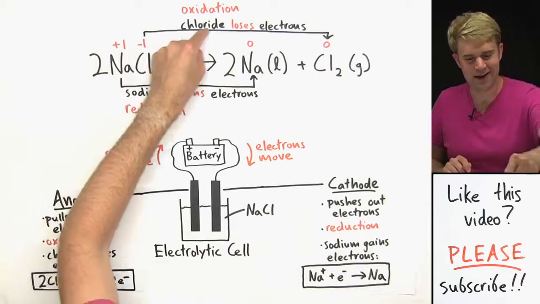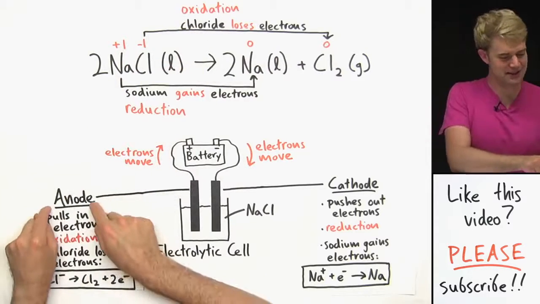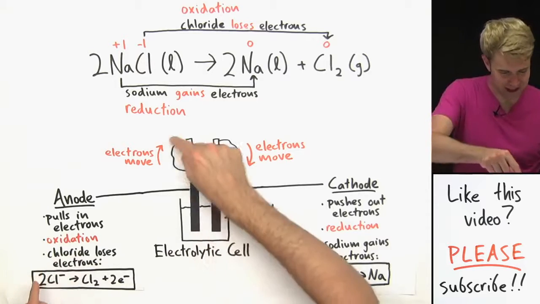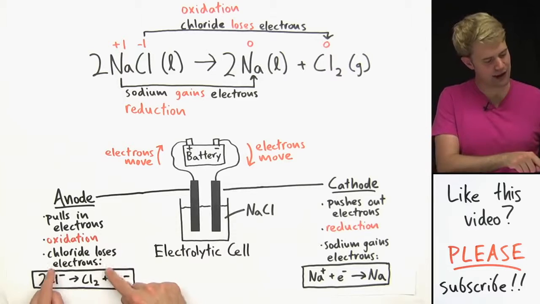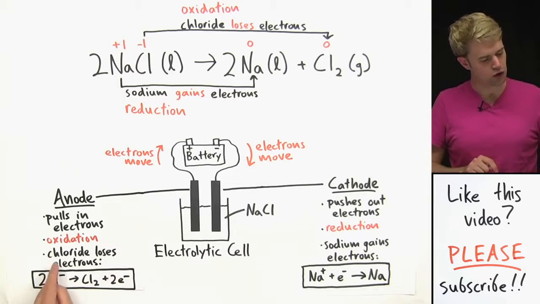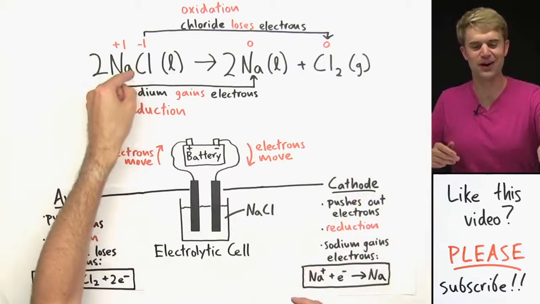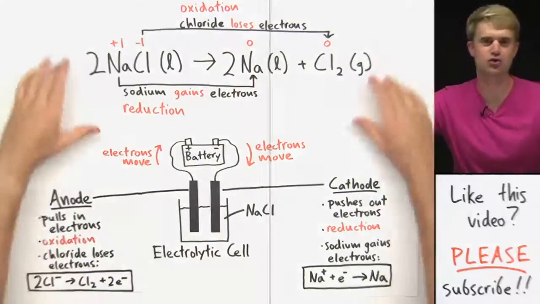Then chloride loses electrons. It undergoes oxidation, and this happens at the anode in the electrolytic cell. The anode pulls in electrons, oxidation happens there, and here is the half reaction for chloride losing electrons and getting oxidized. So that's how sodium chloride turns into sodium and chlorine gas during electrolysis.